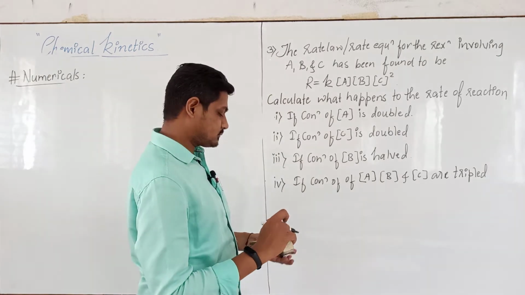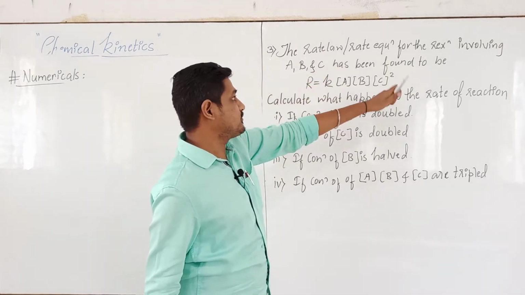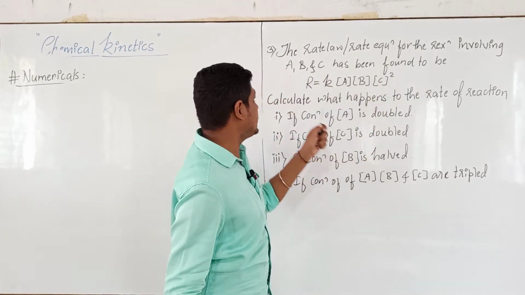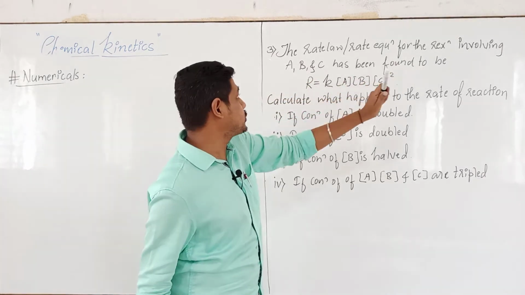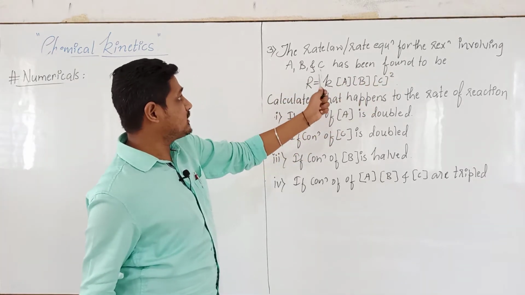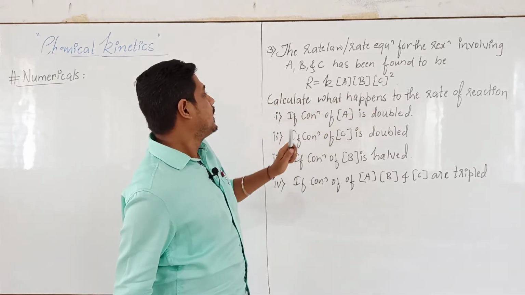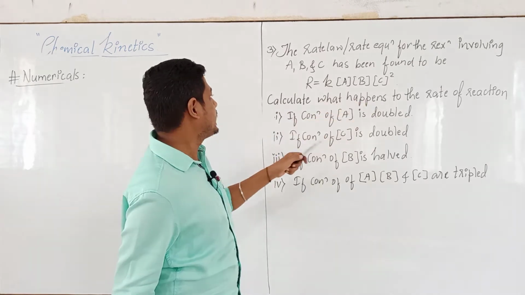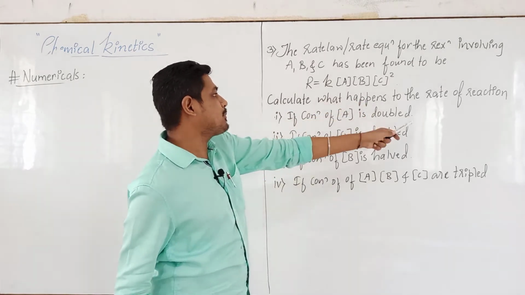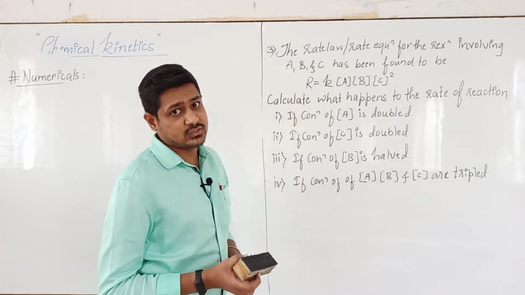See, what they have given is the rate law, or the rate equation, for a reaction involving A, B, C, found to be rate equals k A B C square. Then calculate what happens to the rate of the reaction.